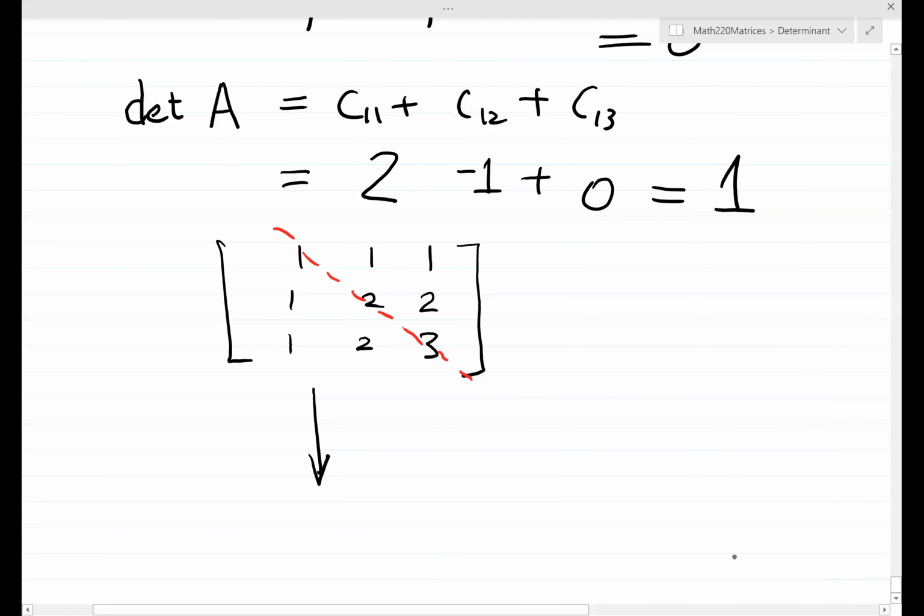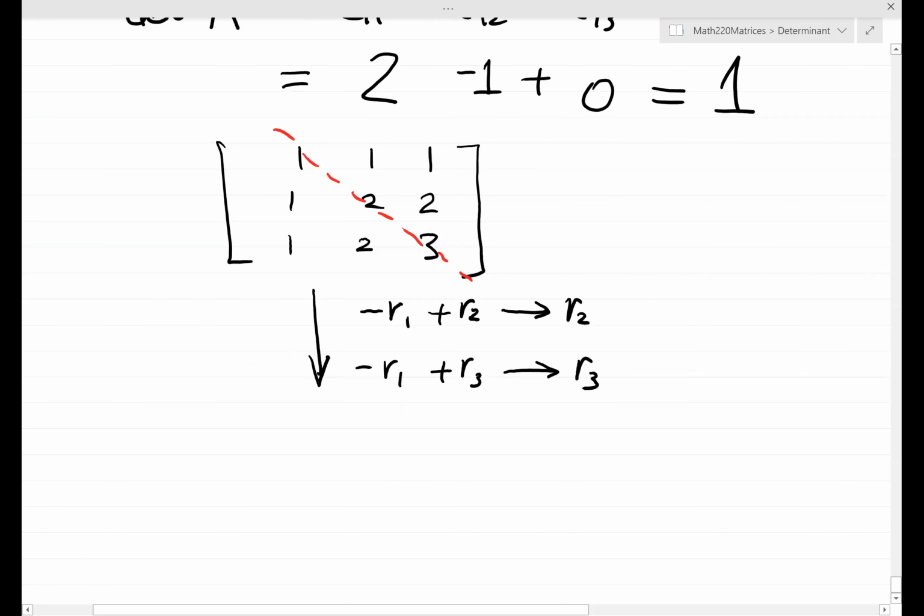So for instance, we let row 2 add -1 multiple of row 1, replacing row 2, and we let row 3 add -1 multiple of row 1, replacing row 3.